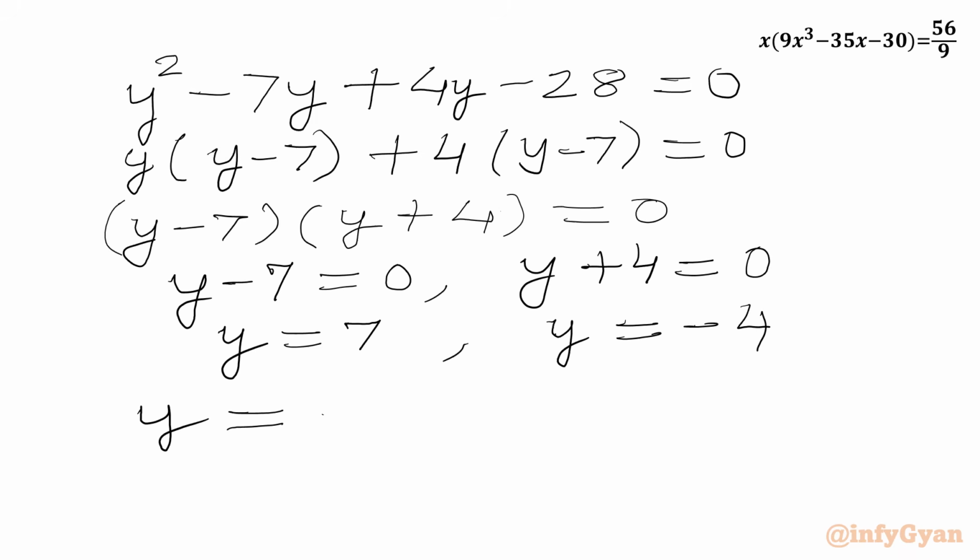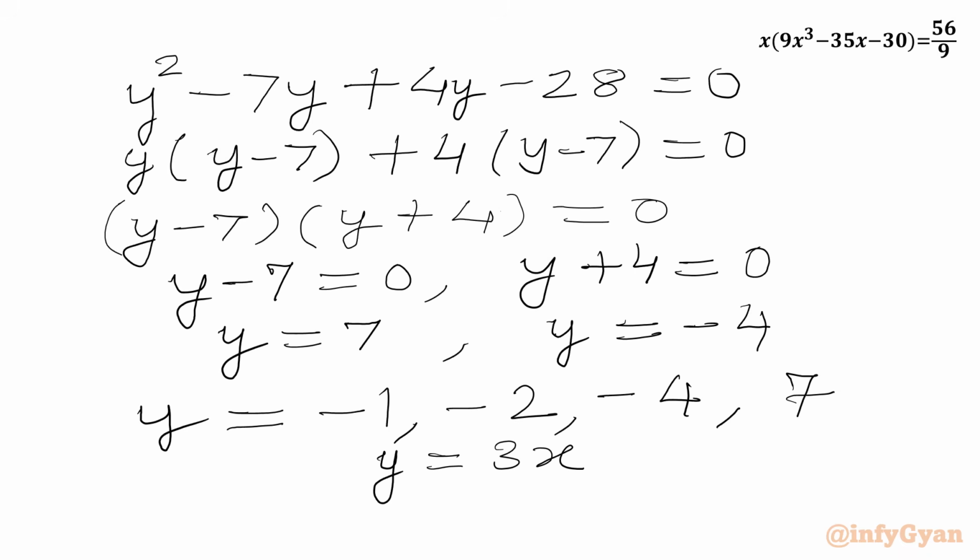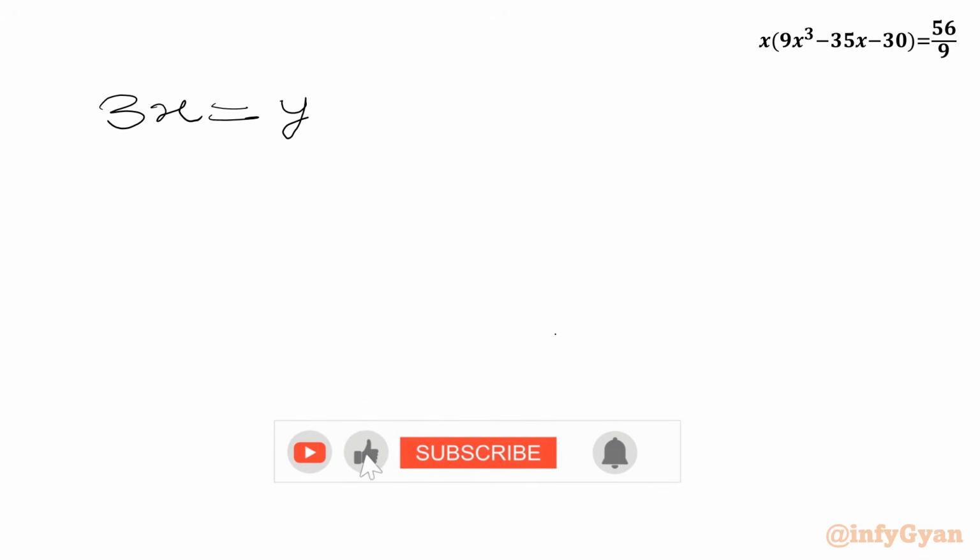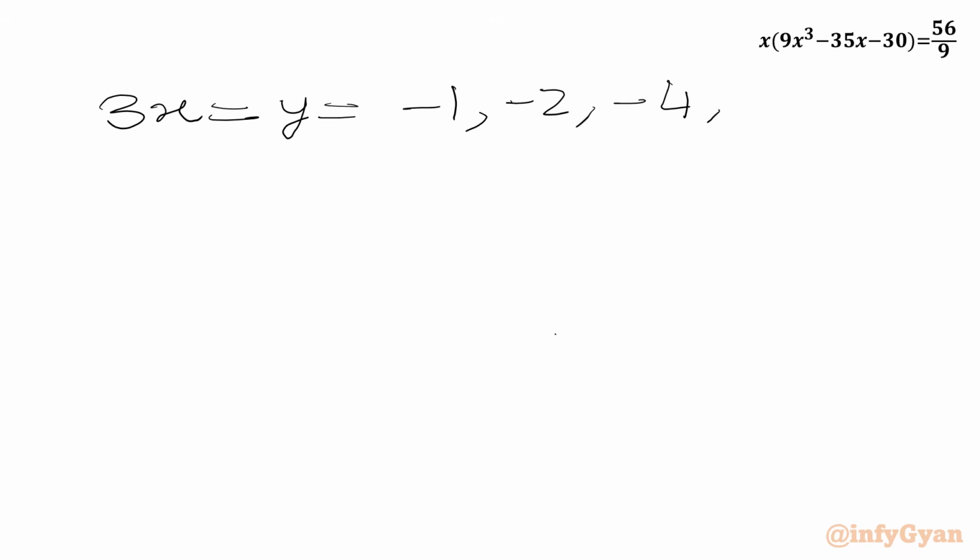Our first base solution was minus 1, second base solution was minus 2 and two solutions from this quadratic equation, minus 4 and 7. Now y was our substitution 3x. So in place of y we will write 3x. So I can write 3x will be equal to y will be equal to minus 1, minus 2, minus 4 and plus 7.